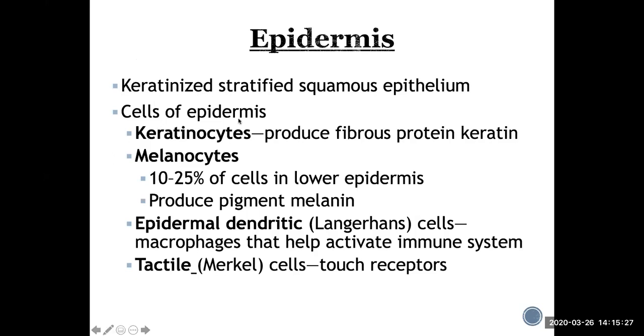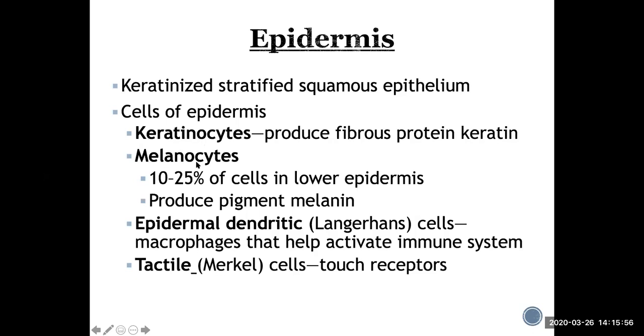The cells of the epidermis, those stratified squamous epithelial cells, also include keratinocytes, which are cells that produce keratin, okay? Remember the suffix "cyte" tells you that this is a mature cell, and this type of mature cell is found in the epidermis, and it produces the protein keratin, okay?